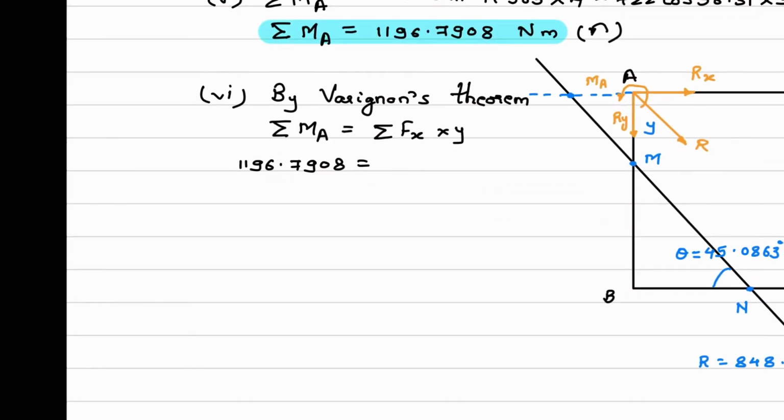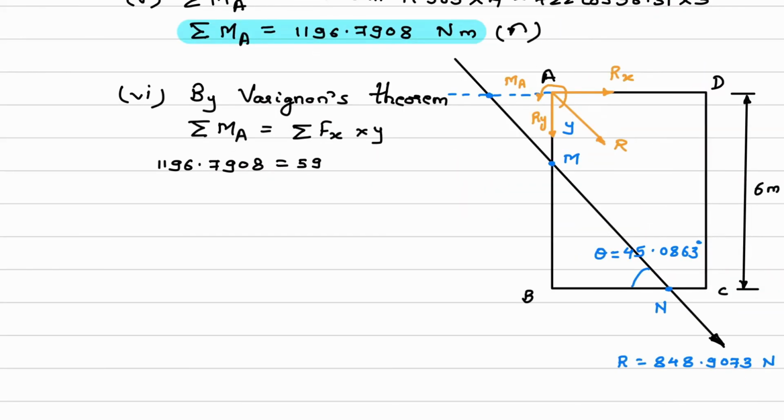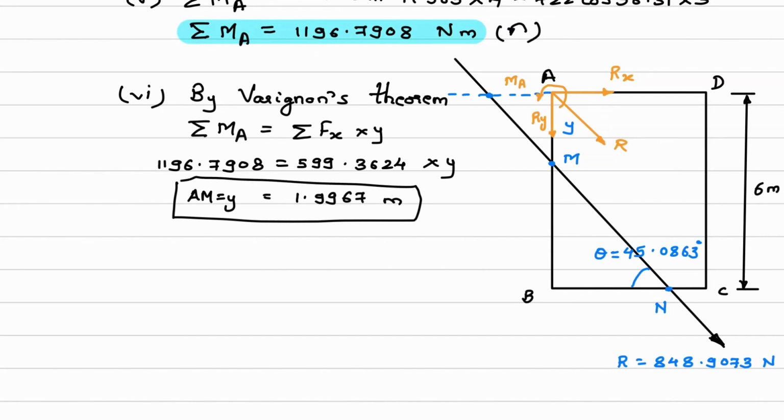So substitute the value: 599.3624 multiplied by y. So from here you can calculate y. What is this y? y is AM, which we have to calculate as the final answer. So AM or y is equal to 1.9967 meter. So this is the first answer.